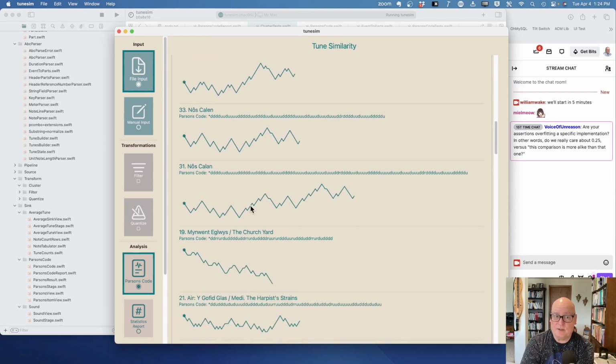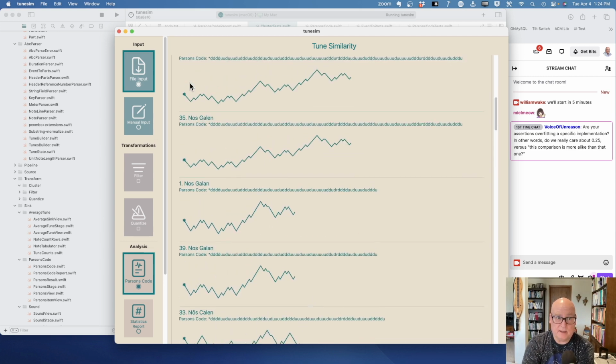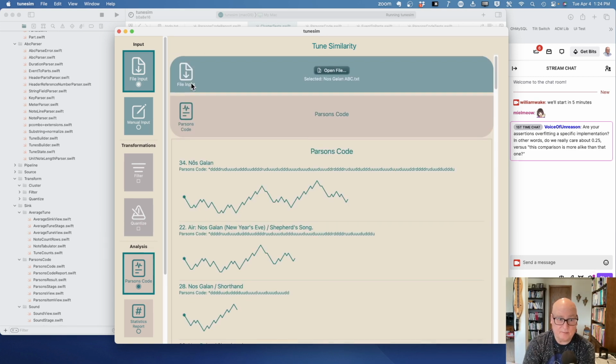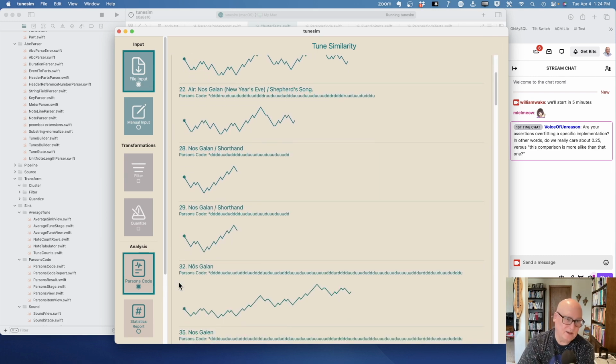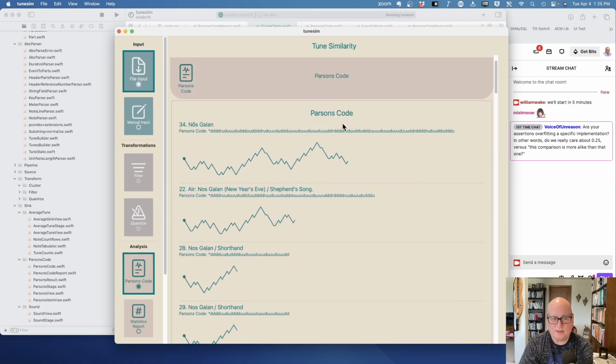So the place I'm looking at now is, what I think I can get is I could take all these similarity scores and compare n by n, or half of them. They're symmetric, so it's a triangle kind of matrix. I could make a matrix that has 34, 22, 28, 29 on the left, and then 34, 22, 28, 29 going across, and fill in each pair by pair. What's your comparison score?